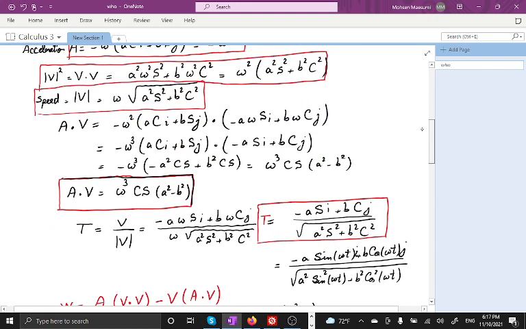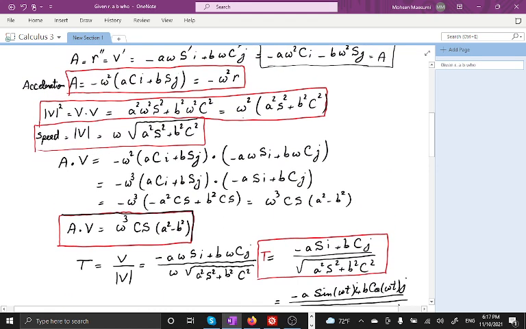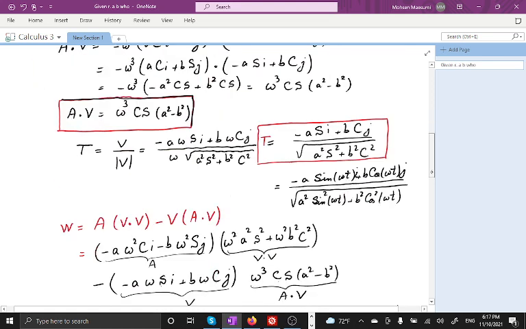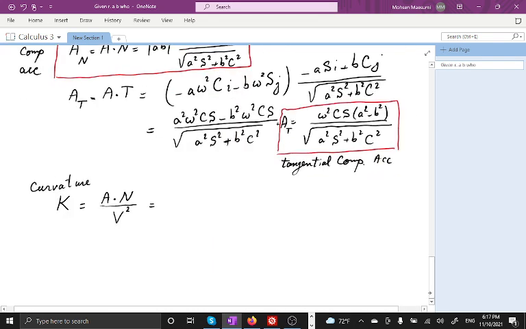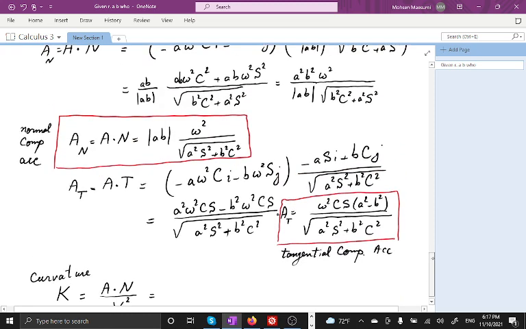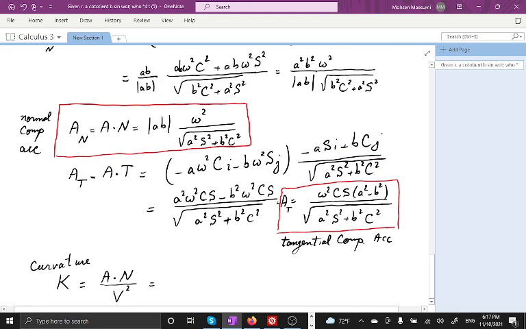See if we can avoid drowning this. Okay, this is my v squared. I just have to divide the two of them, so a dot n, and then the v squared.